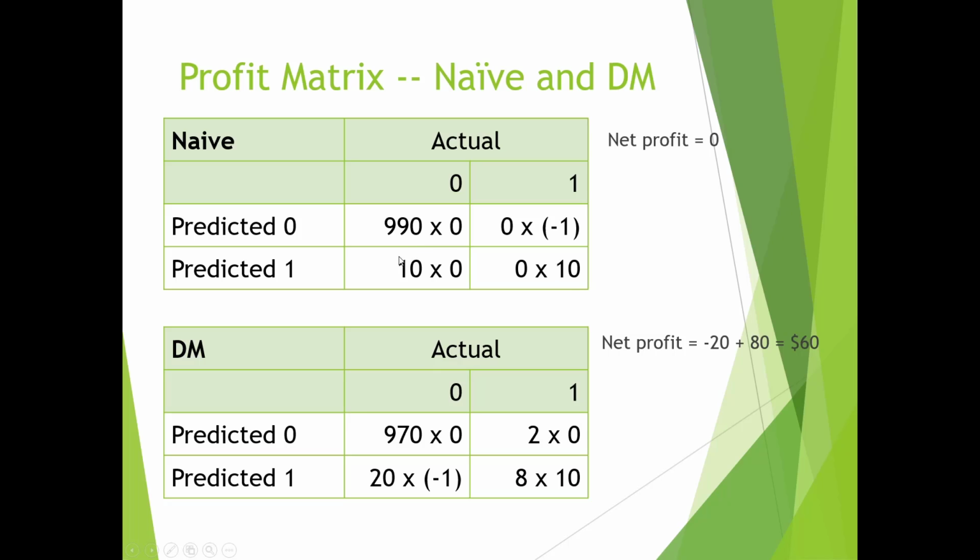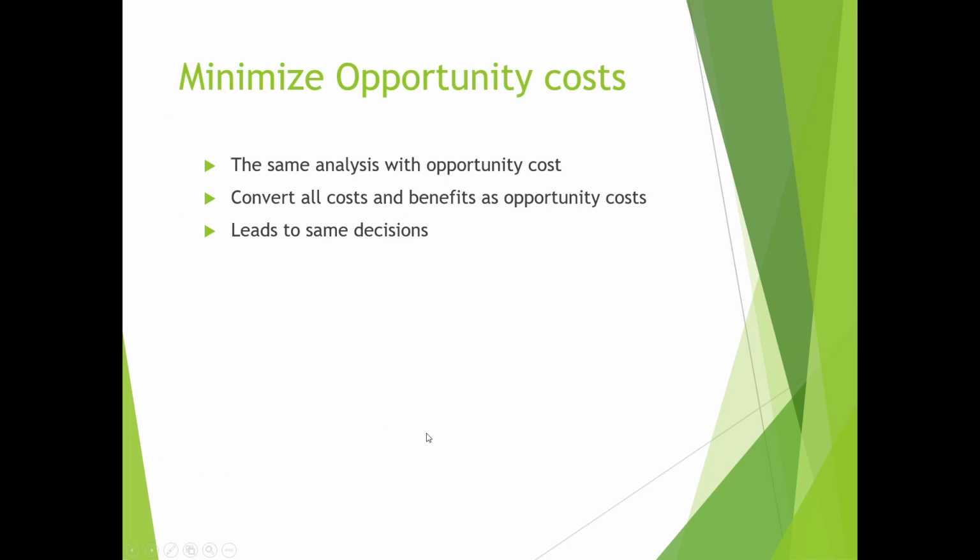So that's the dollar amount. The net profit is 0 here, whereas with predicted 1, if it is 0, the cost is just sending out the mailer, so that's minus 20. And from the 8, you're going to make $10, so your profit is $60, and obviously this one is better. You can also do this on an opportunity cost basis. It's the same thing.